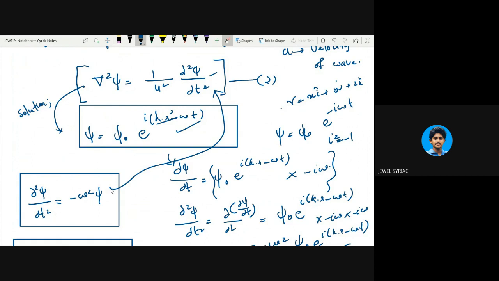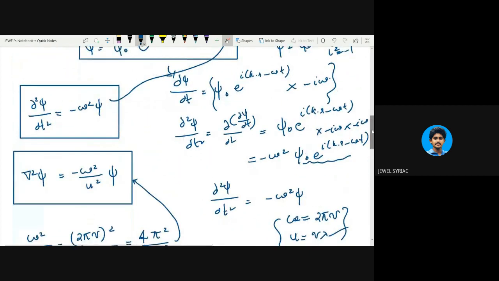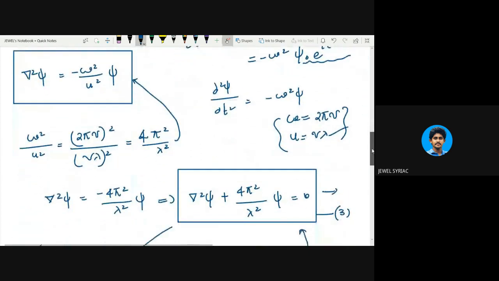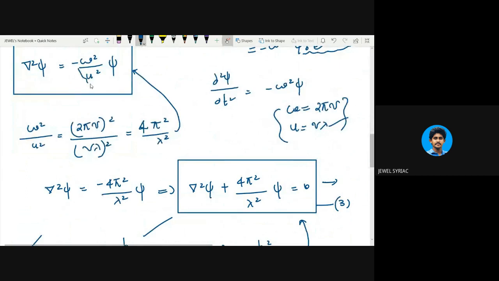Then substituting this expression in our parent wave equation, we get del square psi equal to minus omega square by u square into psi. For this omega square by u square, we know omega is angular frequency, how it is related to frequency, and how the velocity of a wave is related to its frequency and wavelength.